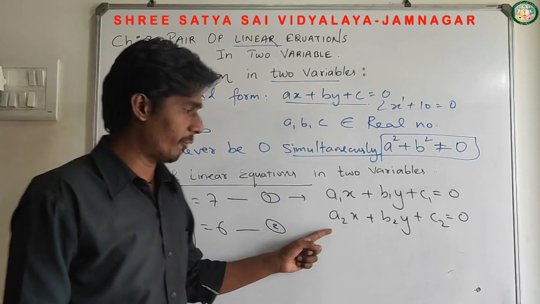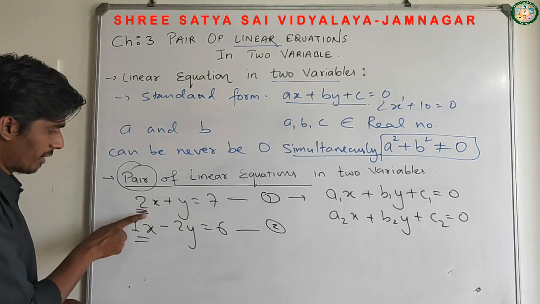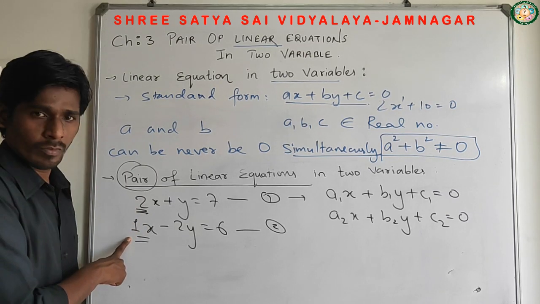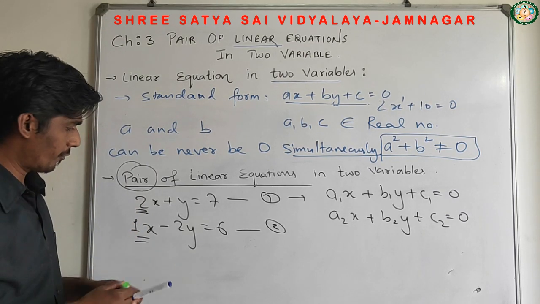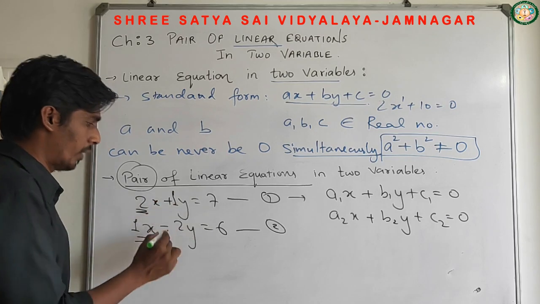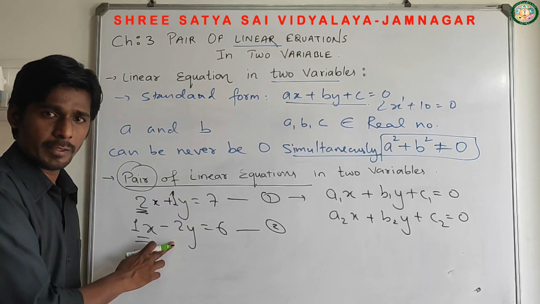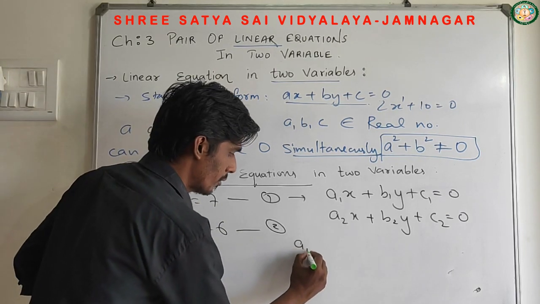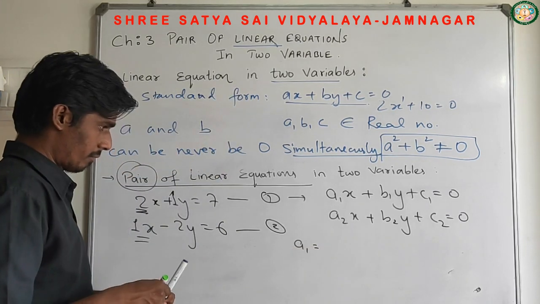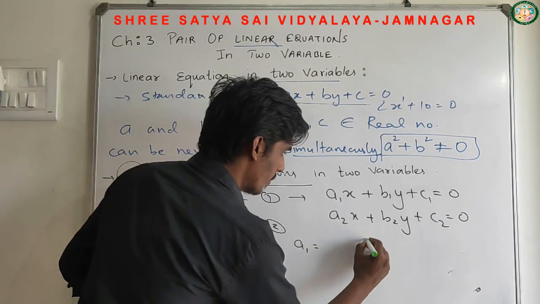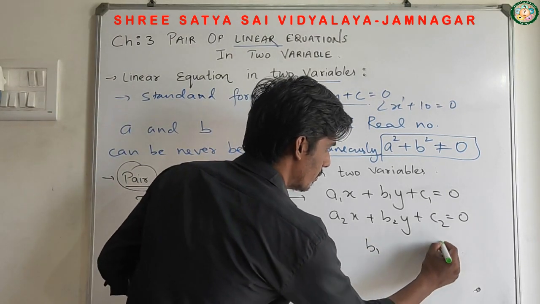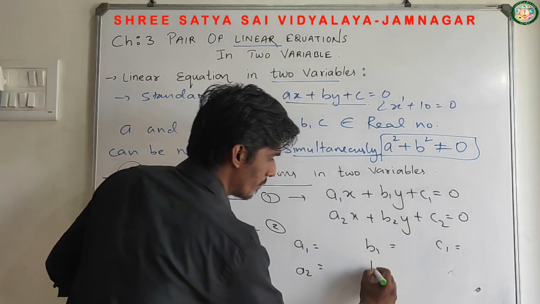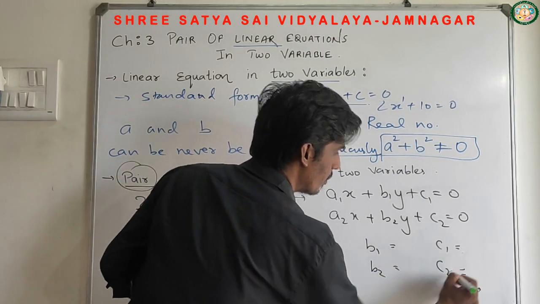a1, a2 are different. Look at this one. Here what is the value of a1? It's 2. Here the value of a2 is what? 1. Here the value of b1 is what? 1. And the value of b2 is what? Minus 2. If I write down the values, a1, b1, c1, a2, b2, c2.